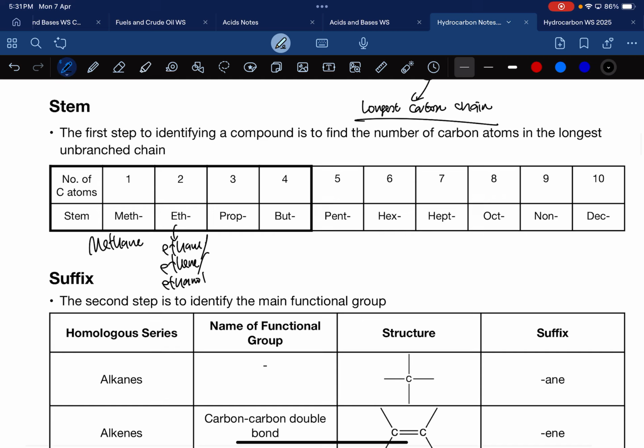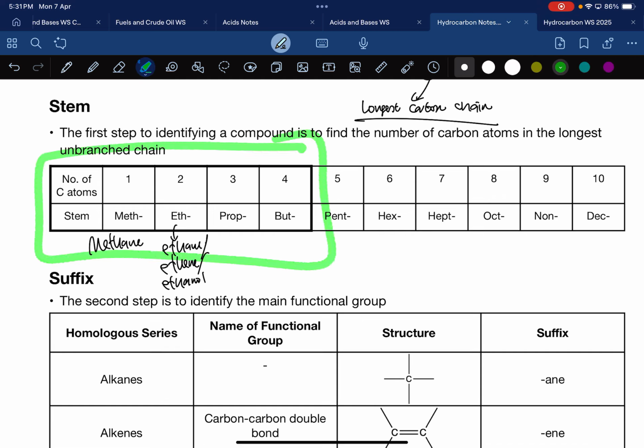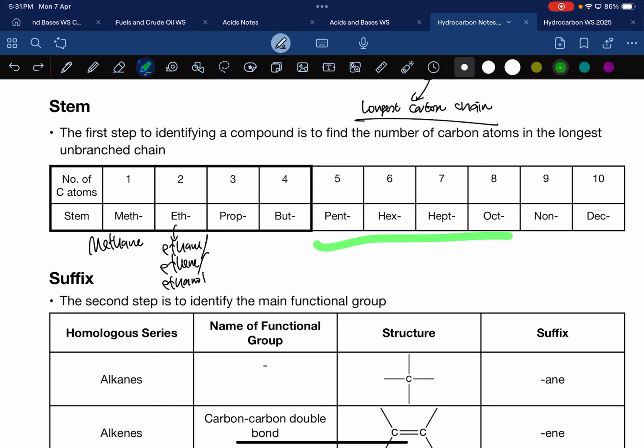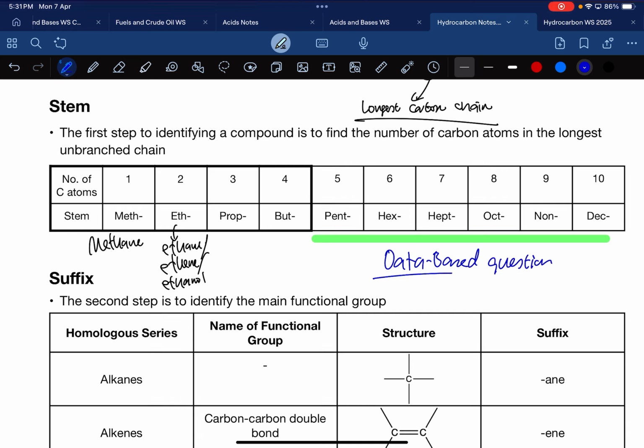Now we specialize in these 4 because this is where most of your questions will come in. However, there will be questions that talk about these others as well, because chemistry has a component that physics doesn't have, which is the database question. Database question, frankly speaking, is just a way for them to throw you something that's not in your syllabus.